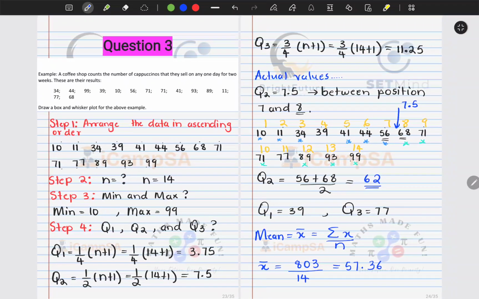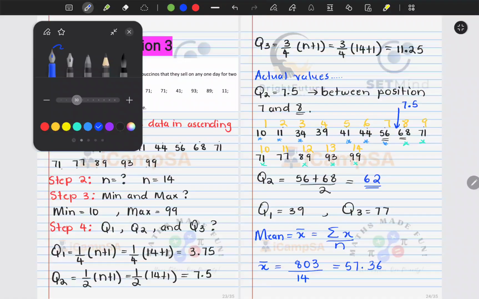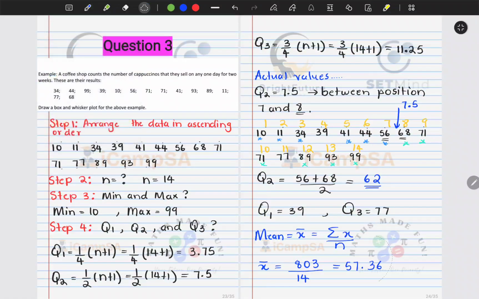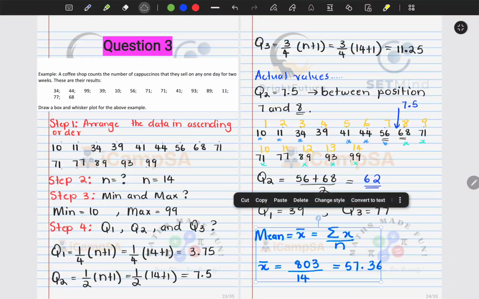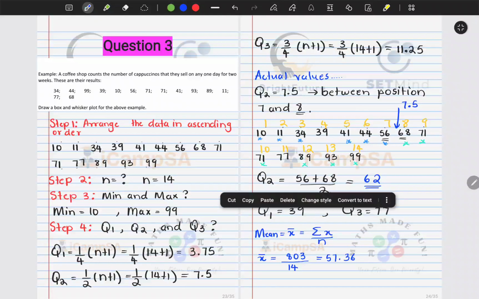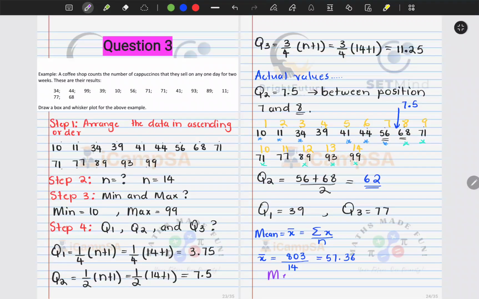Now, if you observe carefully, let's have a look at our mean in relation to our median. Okay, so remember Q2, that speaks to your median. So our Q2 is 62. So you will see that your median is greater than your mean.